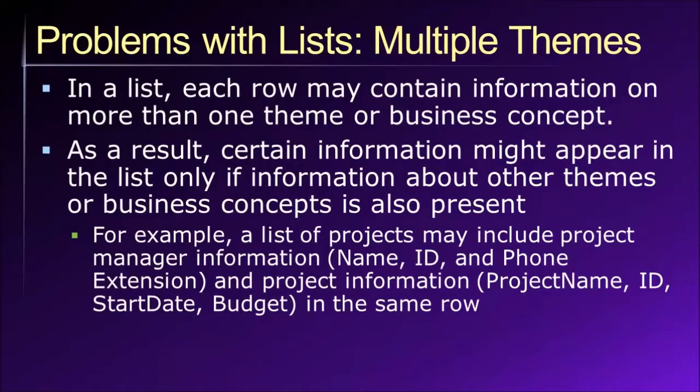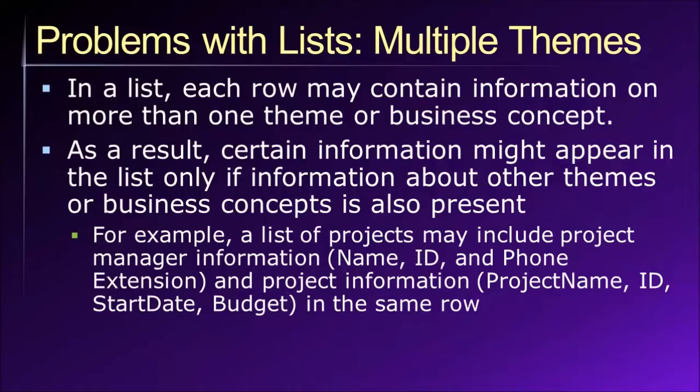Another problem with storing data in a list is that the list of data may contain more than one concept or more than one theme. I want you to remember this idea of a business concept because we will see it again and again throughout our course. A business theme or concept refers to a number of different attributes or properties that are all naturally related to one type of business entity. An example might be an employee.